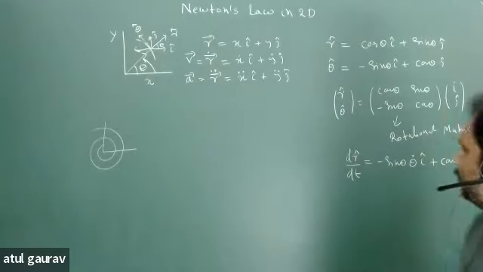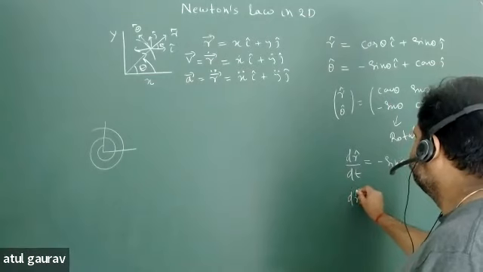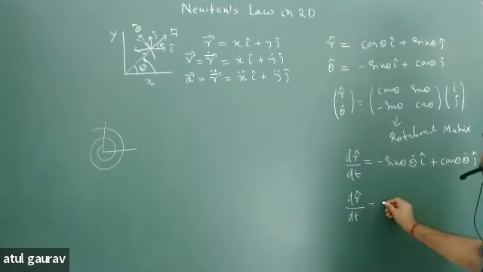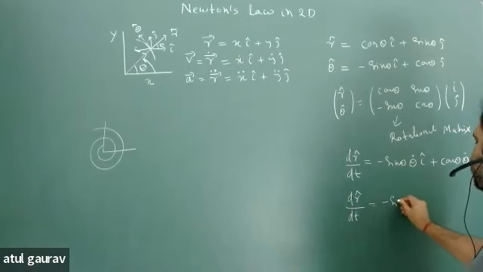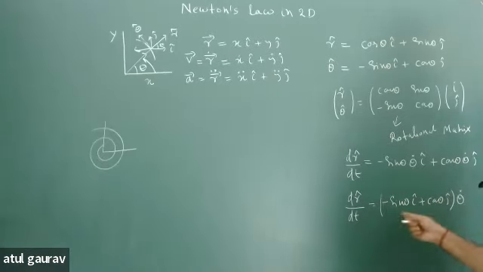What will happen? Minus sin theta i cap plus cos theta j cap, and you can take theta dot common. What is this value?